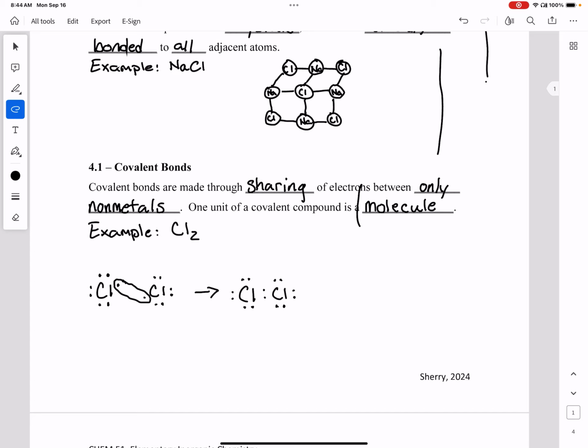So each one thinks it has an octet. So one thing we'll do later is we'll represent these bonded electrons with a line. Okay, a line of sharing electrons.